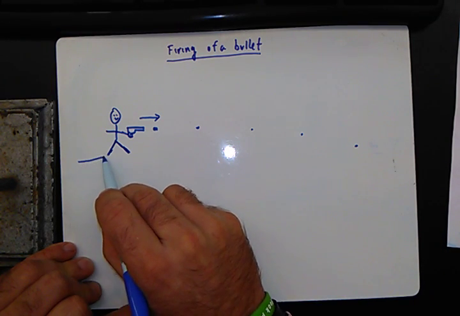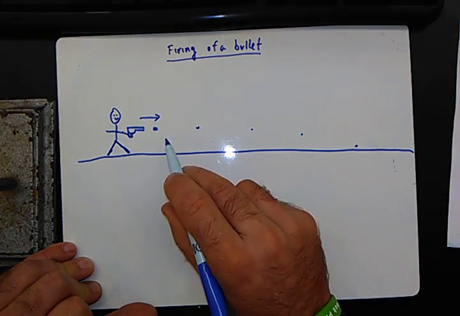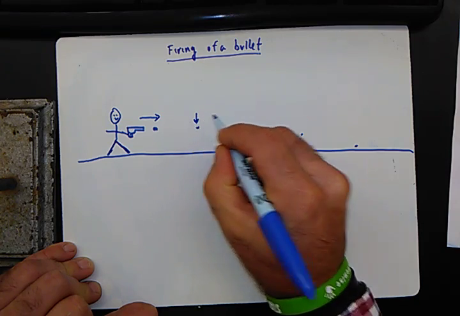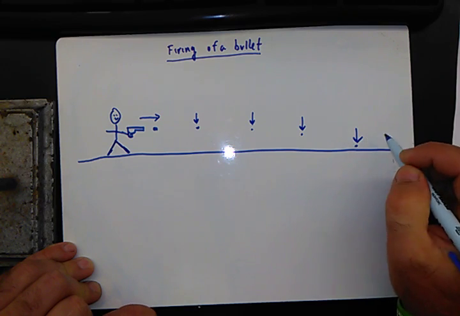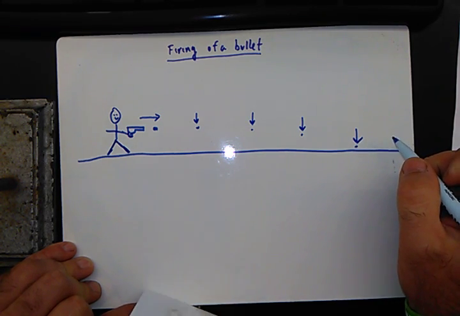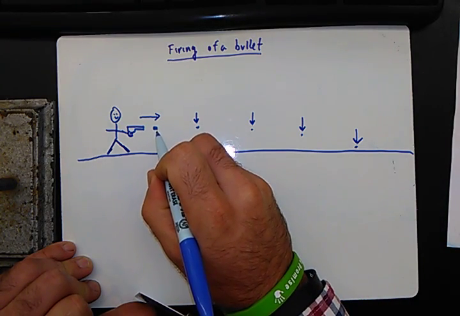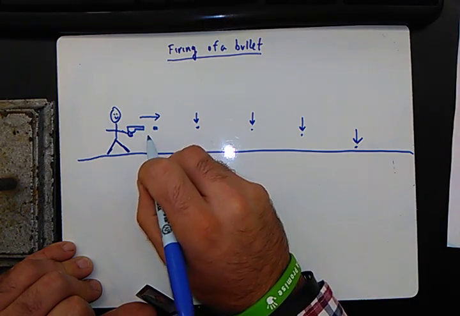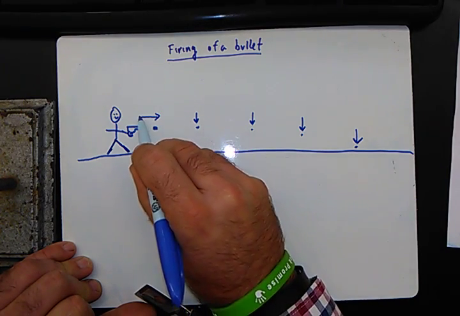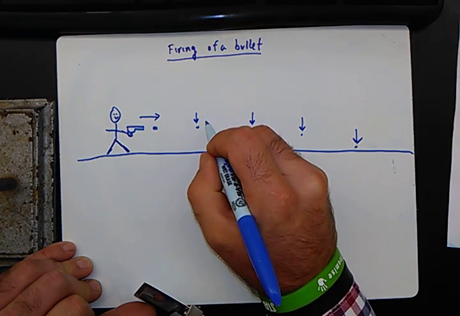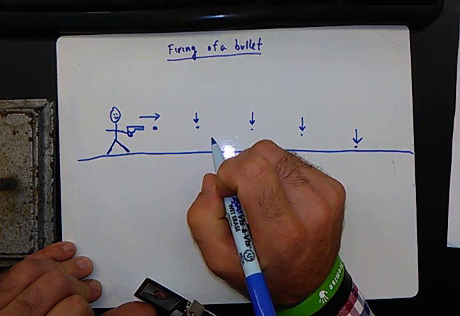some distance away. Now we know that gravity is pulling the bullet down, and we also know the rate at which gravity pulls the bullet down. From the last video, the cliff video, we also know that the x velocity and the y velocity are completely independent of each other.